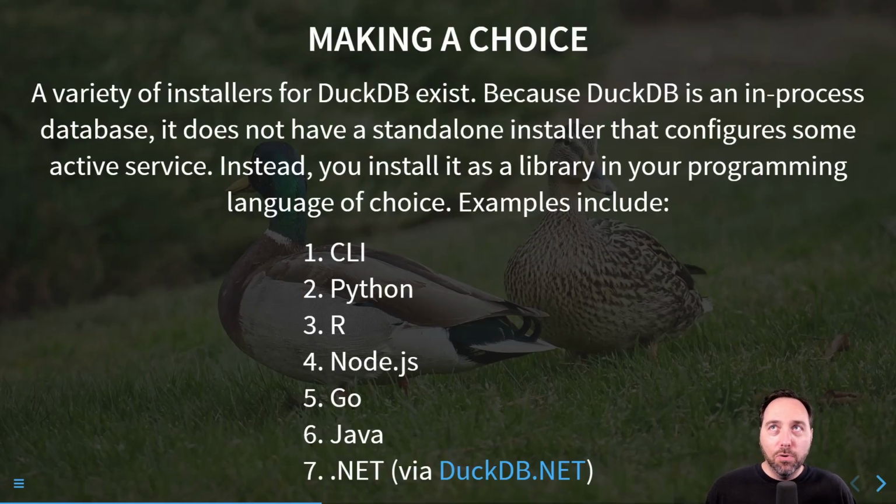DuckDB officially supports this, no question at all. Number 7 actually comes through duckdb.net, which is another open source project from people who do not work for DuckDB or the commercial company MotherDuck, and it offers your .NET support. So basically, this is a third-party installer for .NET.